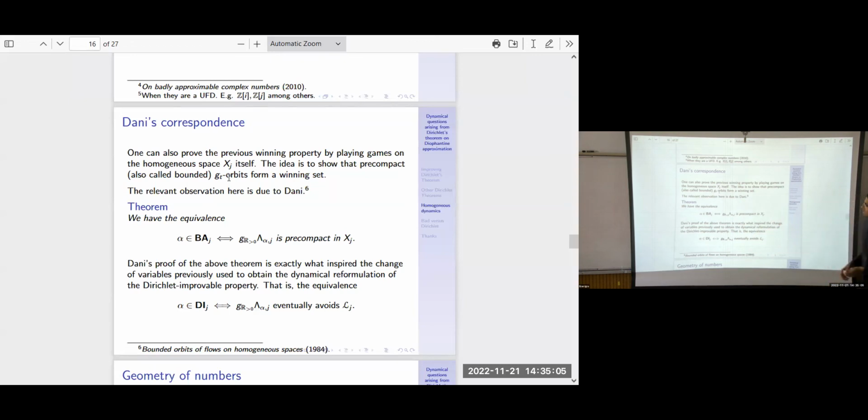The point I'm trying to make is that there's this correspondence of Dani: a number is badly approximable if and only if the forward orbit of lambda alpha j is bounded, or this set is precompact in Xj. Dani's proof of this is not hard, but the change of variables we did before is inspired exactly by what he did. It's very similar.